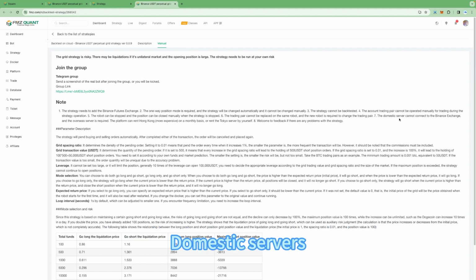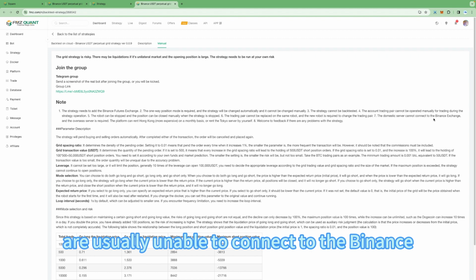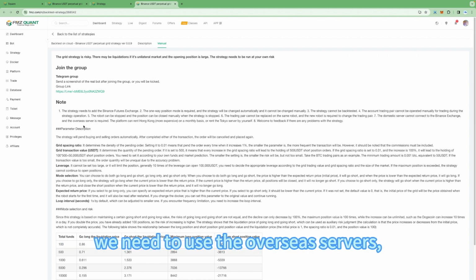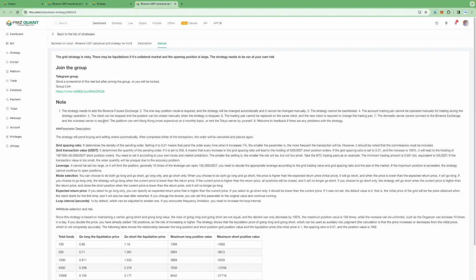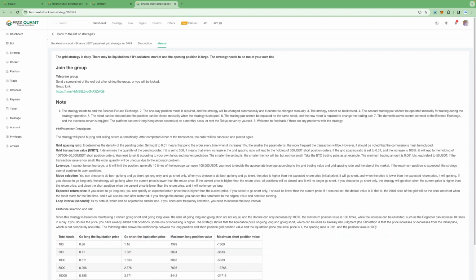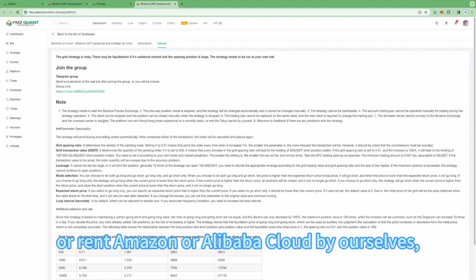Domestic servers are usually unable to connect to the Binance exchange directly. We need to use overseas servers. We can choose Alibaba Cloud in Hong Kong, or rent Amazon or Alibaba Cloud by ourselves.